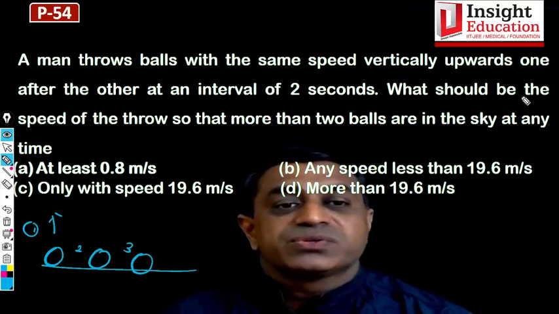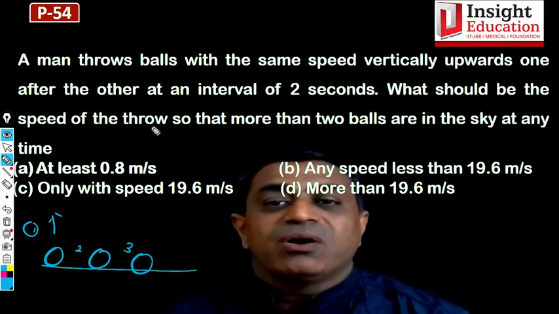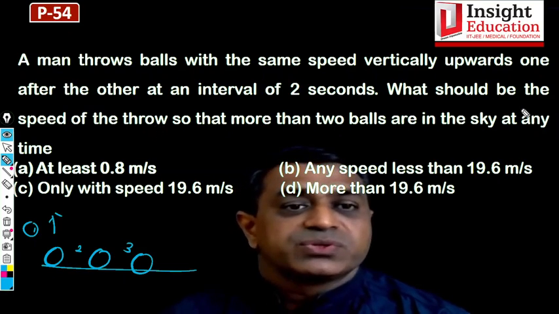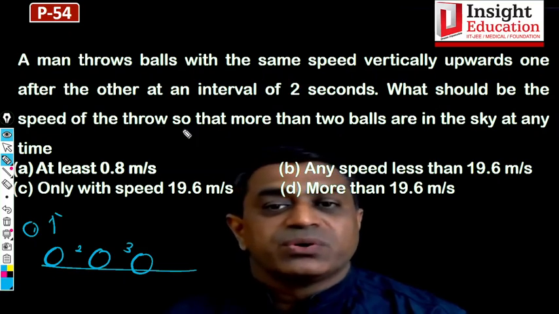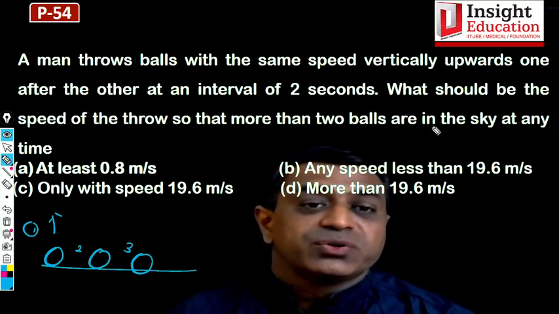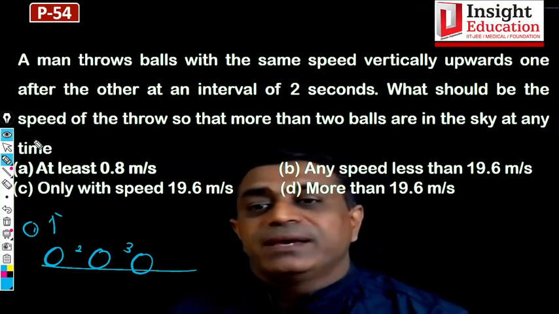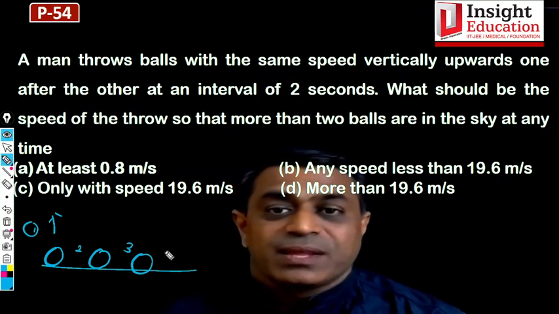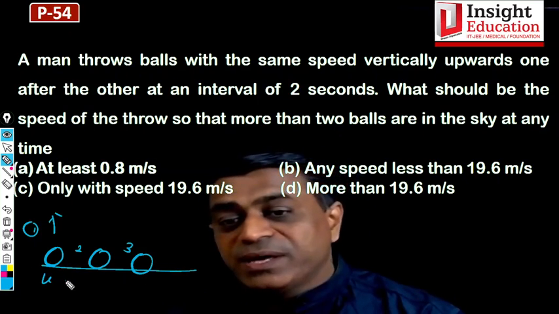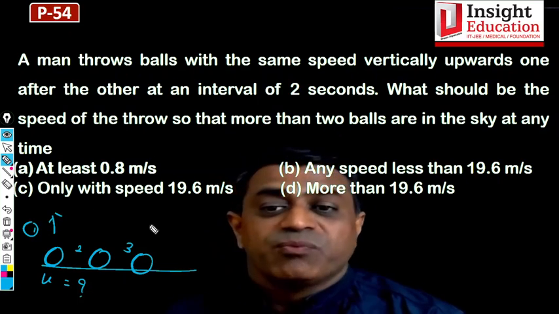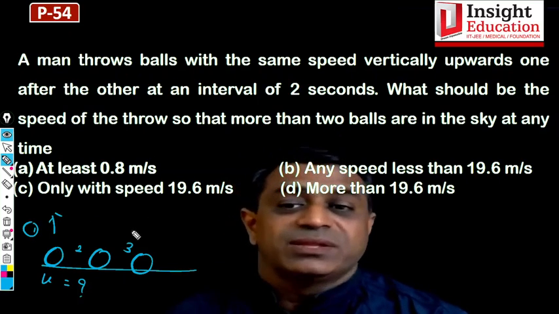What should be the speed of throw so that more than 2 balls are in the sky at any time? So what should be the initial speed?